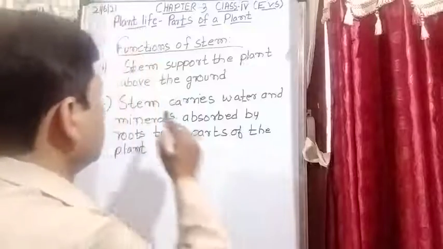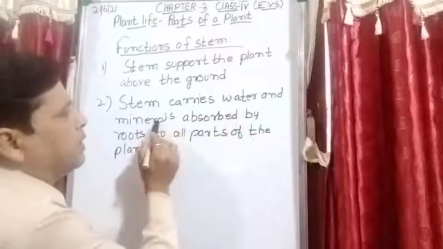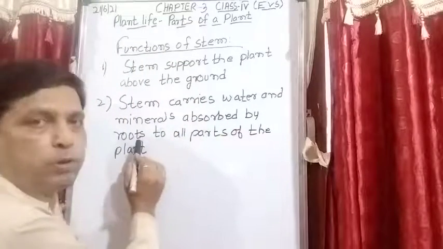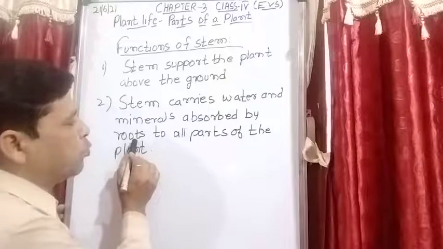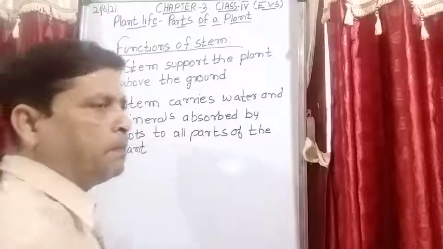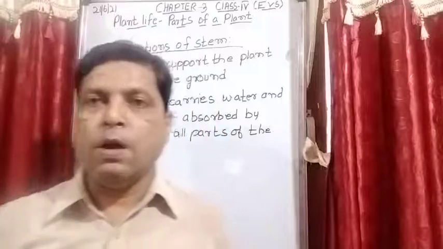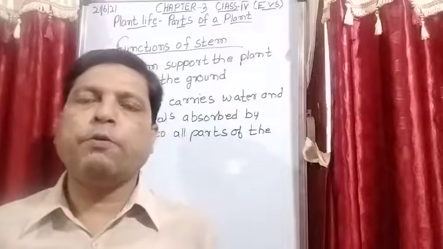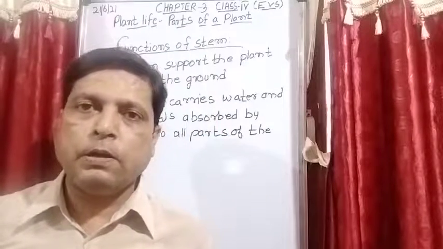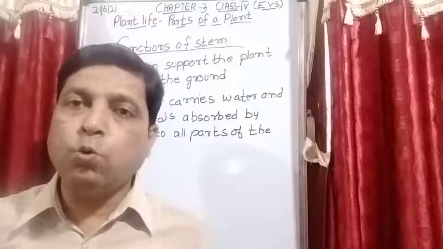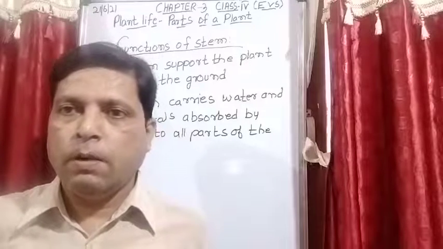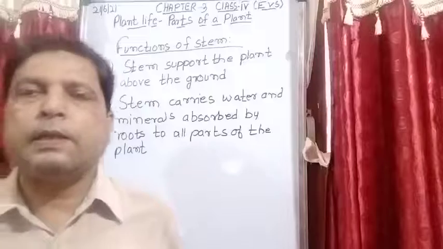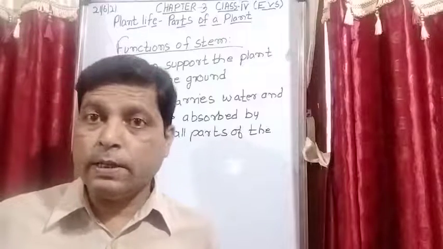Is it clear? Stem carries water and minerals absorbed by roots to all parts of the plant. I hope this is clear. The function of absorption of water and mineral is of roots, because roots are present in the soil, not the stem.